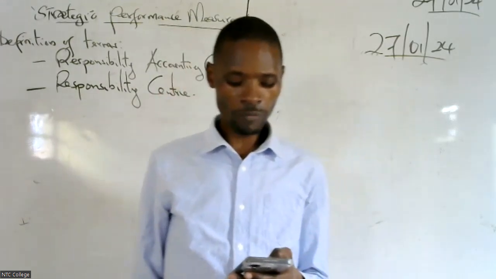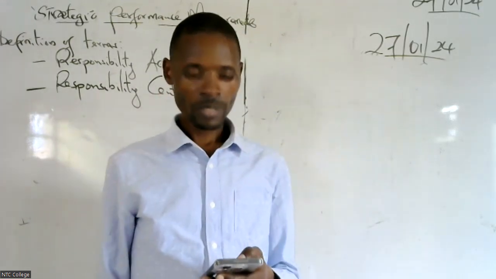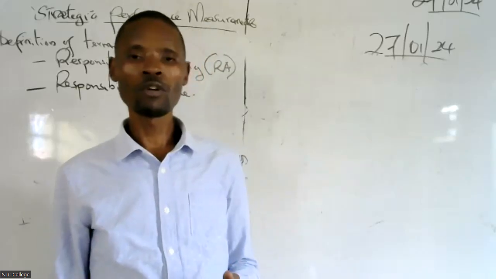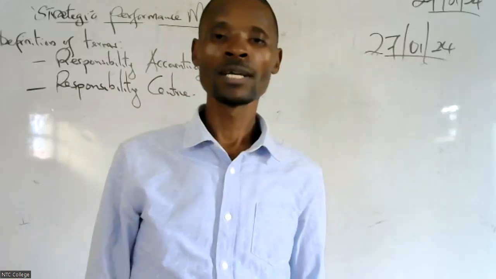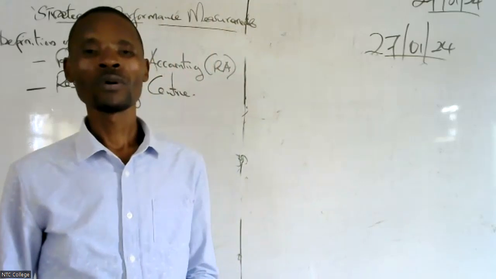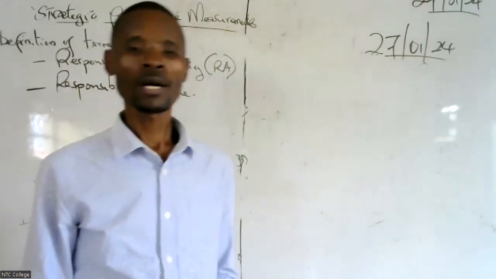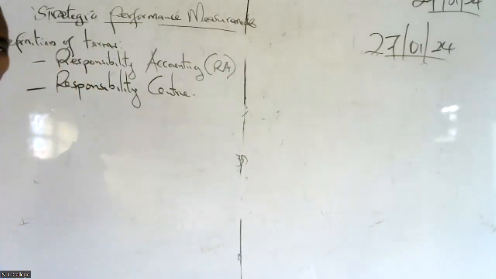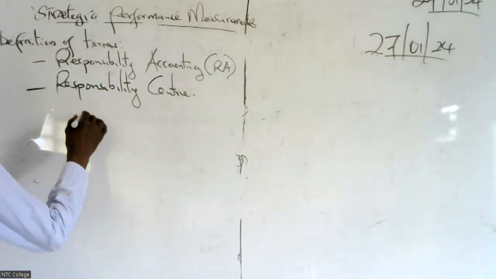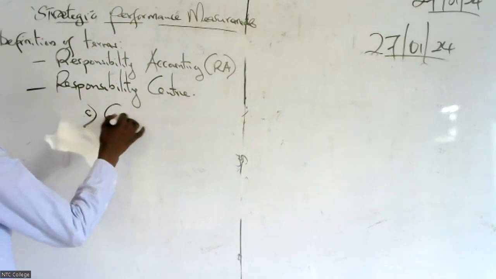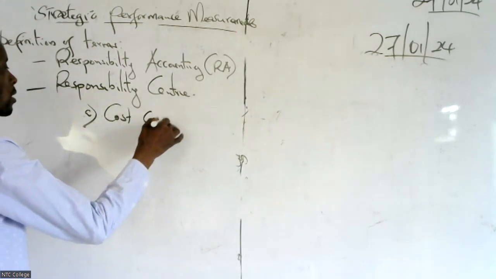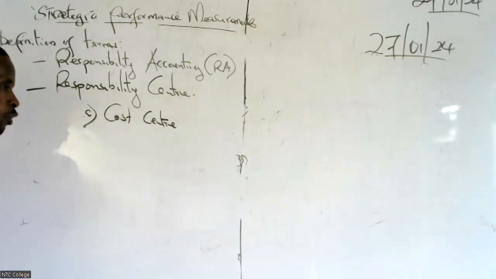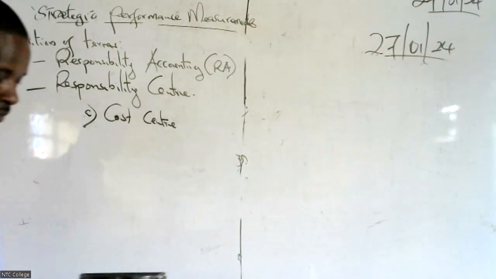A responsibility center can take any of the following forms. The first one is the cost center.